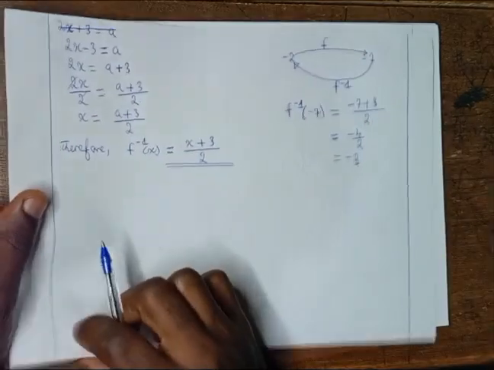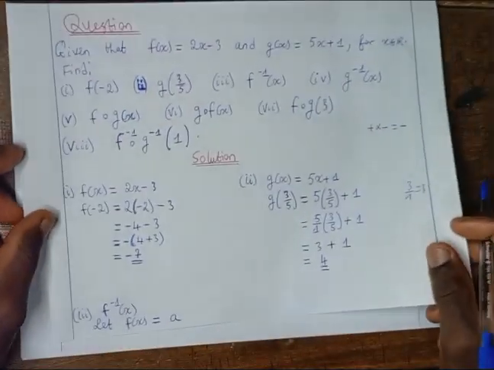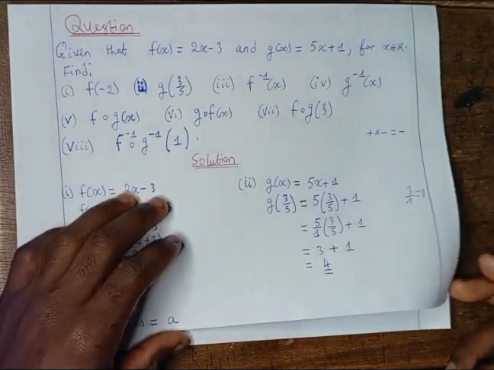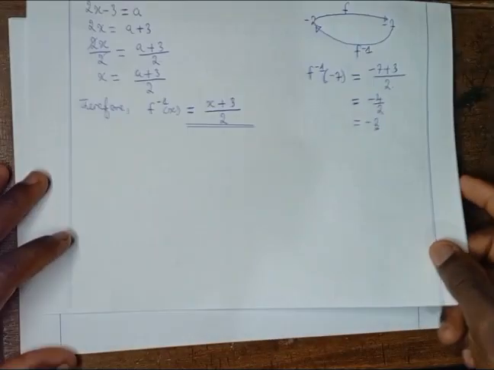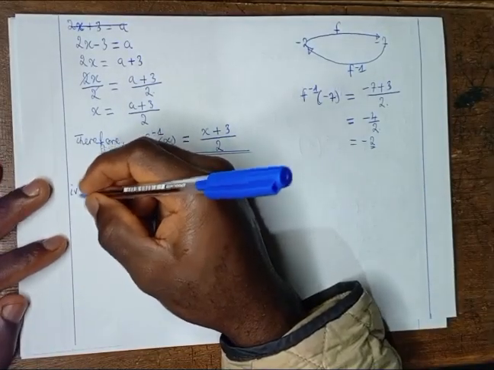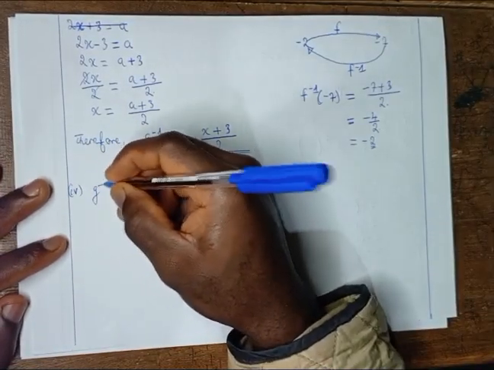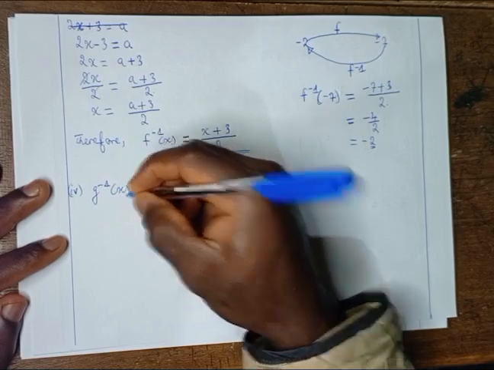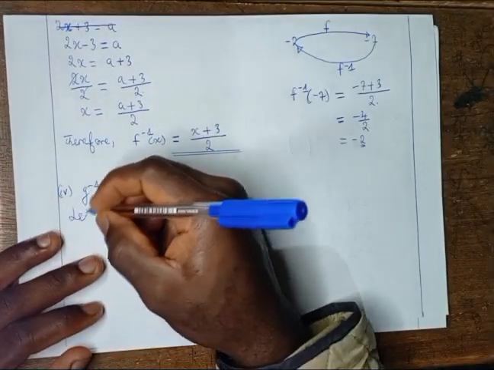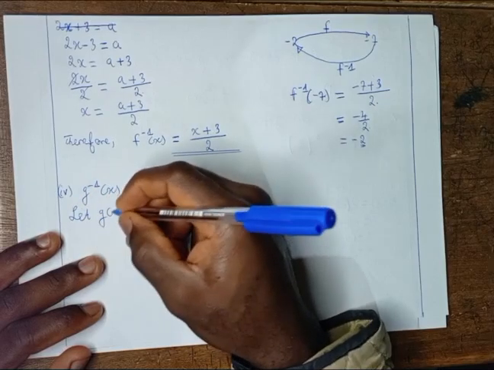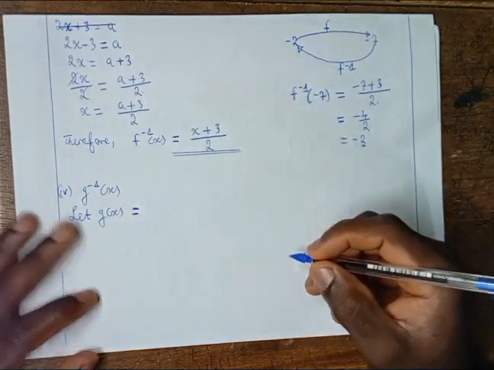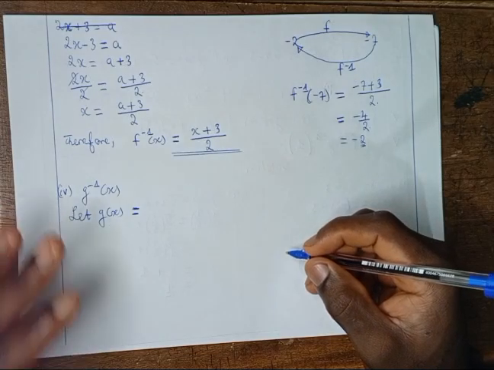Take note of it. Next, we have to calculate g inverse of x. For us to calculate this, we are still going to let our function g of x be equal to any variable of our choice, any unknown which is different from x.